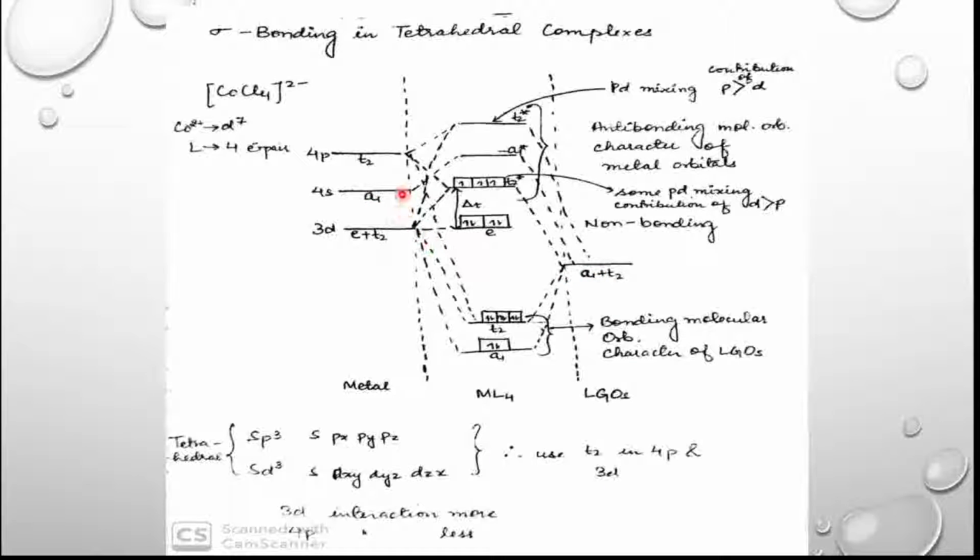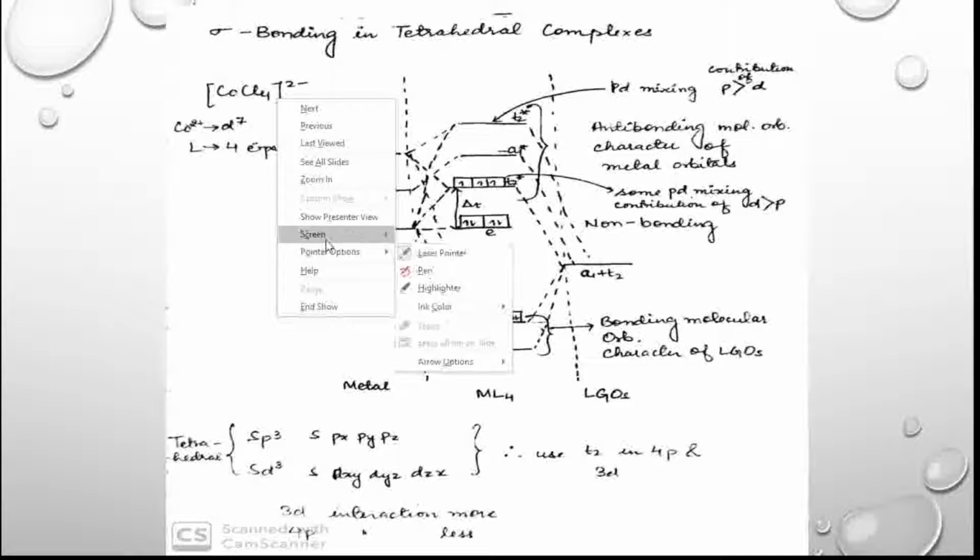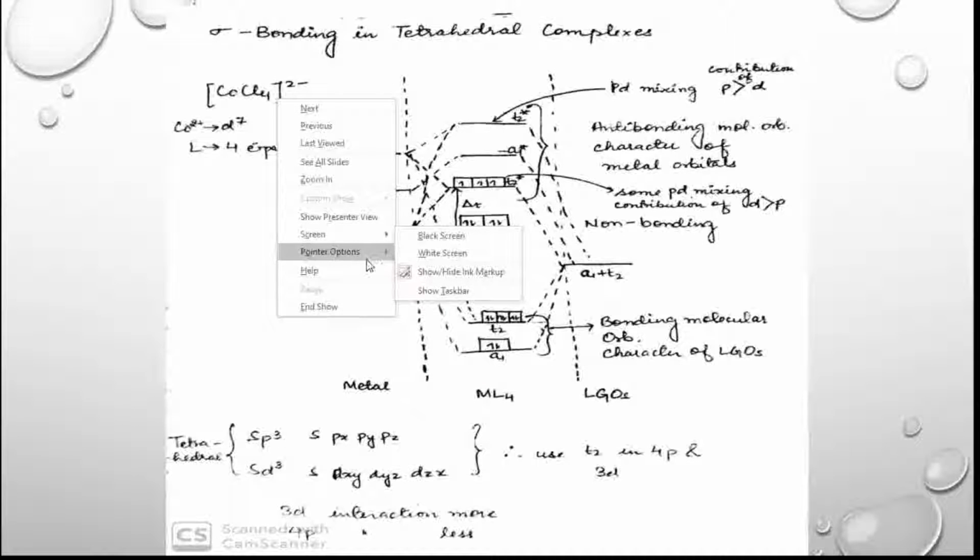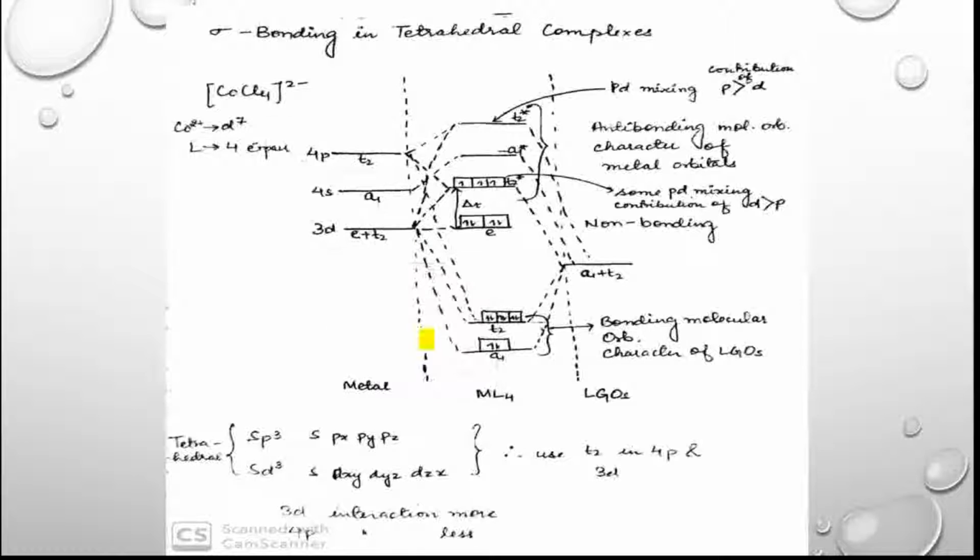So this is the bonding A1, and definitely it must have the anti-bonding one, so this is the star anti-bonding one. This is the match for this particular one.